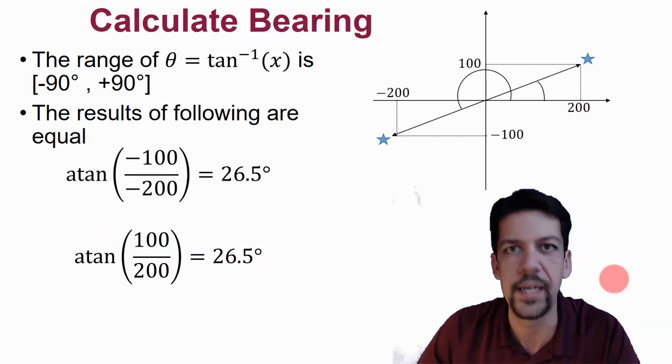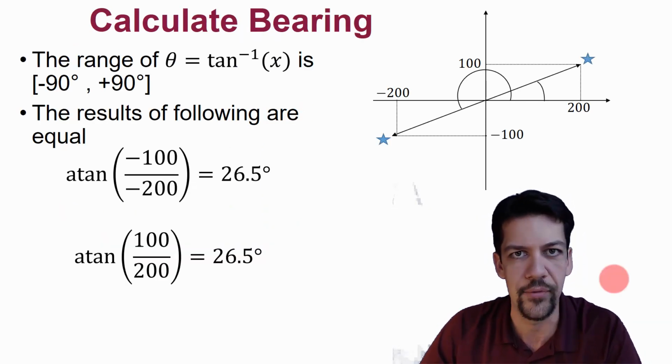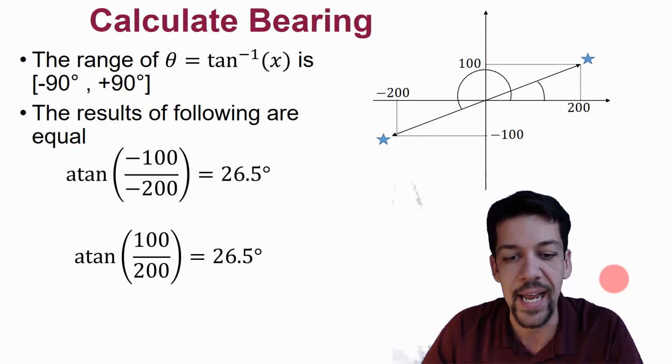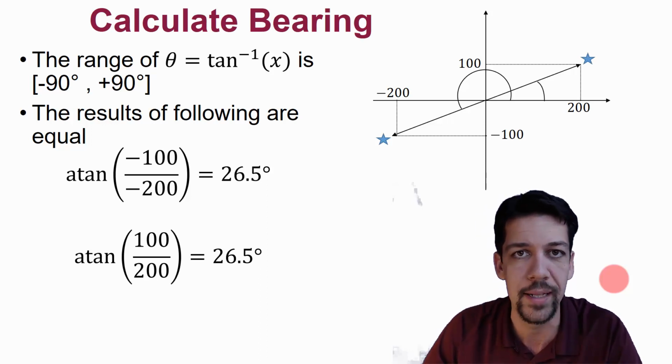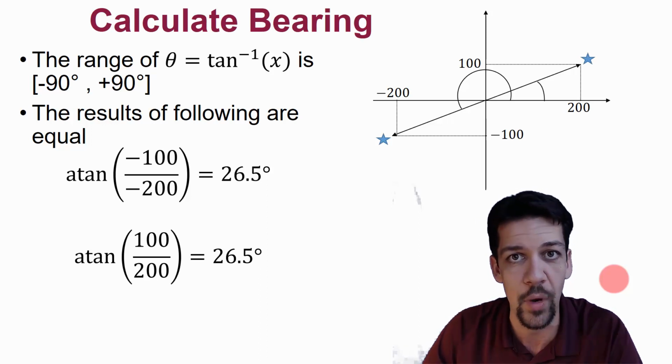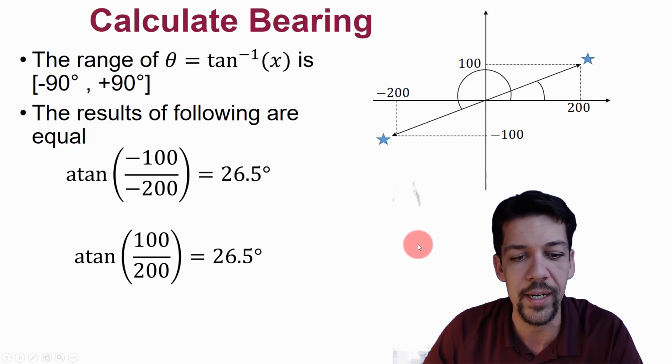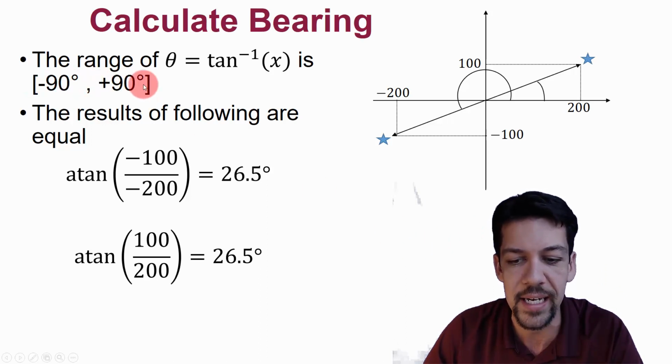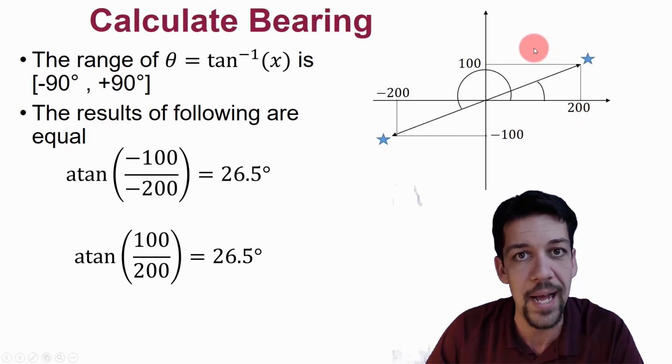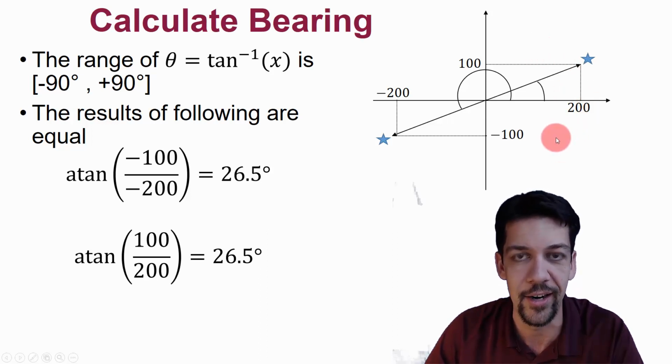Now the challenge here is that in the standard library for our code, the inverse tangent takes only one parameter, and that is the difference in y over the difference in x. That works great if we're working between -90 and +90, so if the x coordinate is positive in our reference frame.